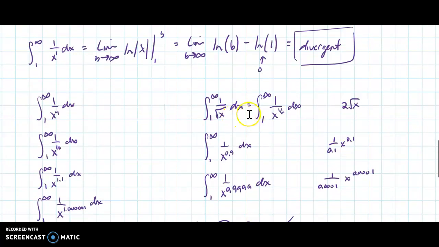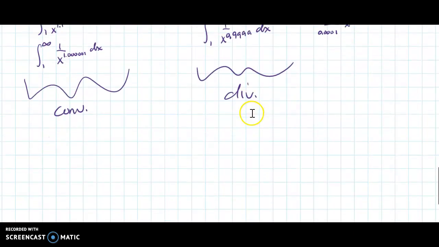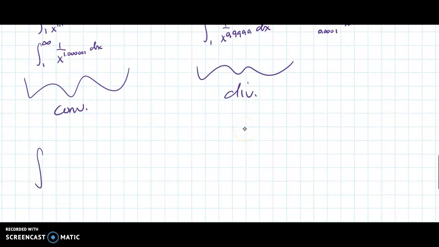So what I want you to see is that if I take the integral, hopefully you see this at this point, of 1 over x to the p dx, and I'm going from 1 to infinity. I won't leave it off this time. The p value there is the thing that determines if this integral converges or if it diverges.